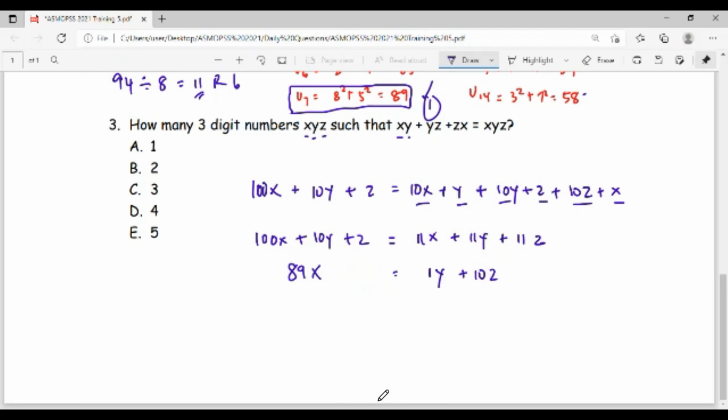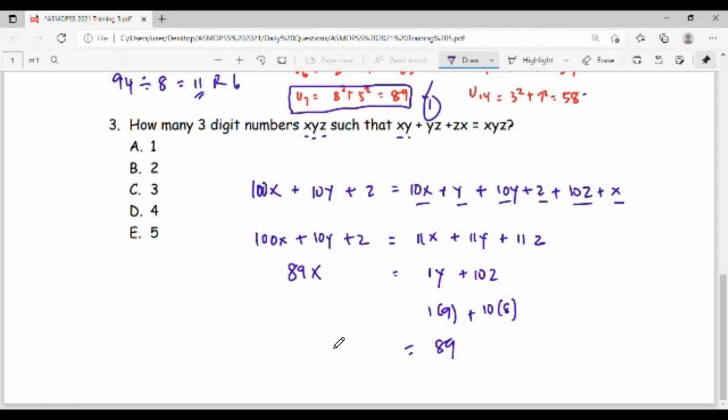And this gives us an impression that the only number that is possible is 89, right? 89x. That means the number here should be 10 times 8 plus 1 times 9, which is equal to 89.